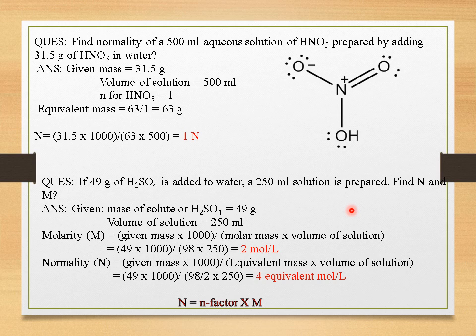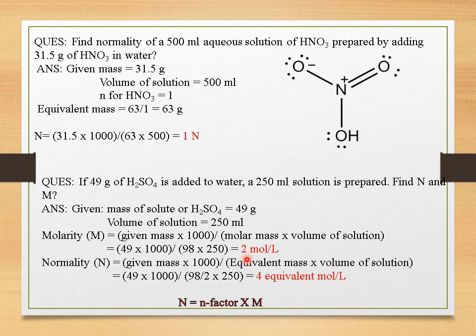So N is 2, and the equivalent mass will be molar mass divided by N factor, that is 98 divided by 2. So this comes out to be 4 equivalents per liter, or 4 normal, or 4 N.